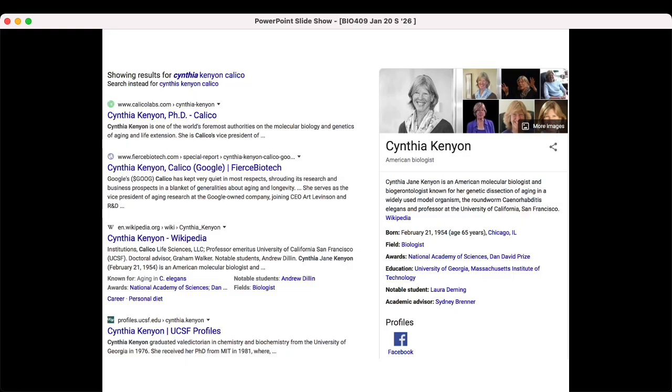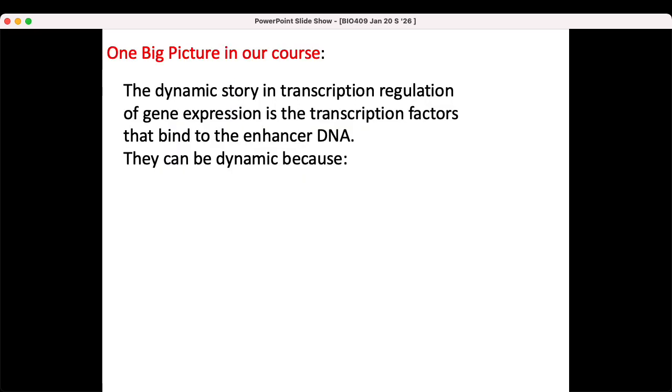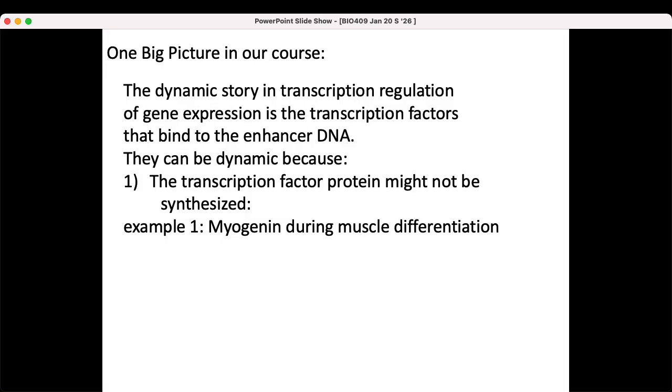And this Calico company is interested in reducing lots of different human health considerations that are correlated with aging. So, super fascinating, FOXO, and Cynthia Kenyon and her life story. But this is not the course where we go there. We're just saying FOXO's cool, because it fits into this.